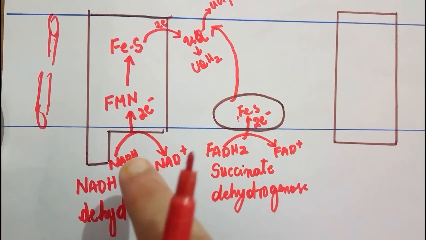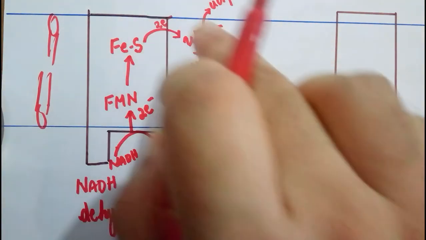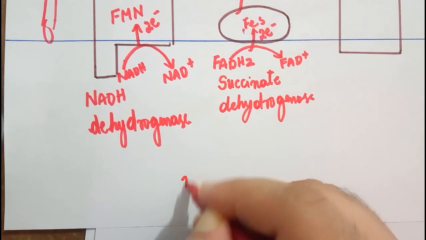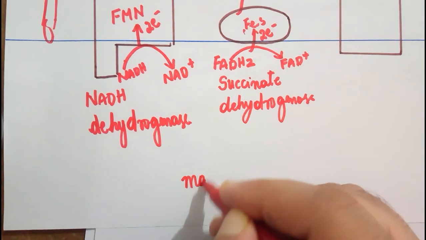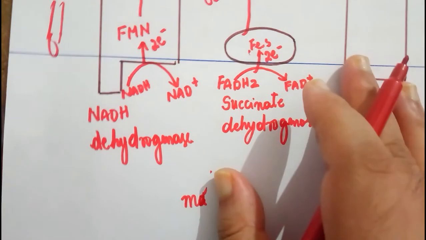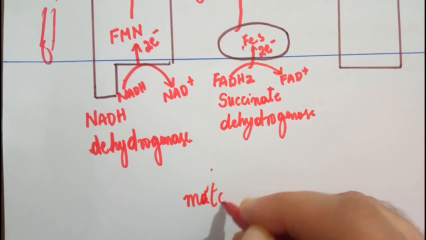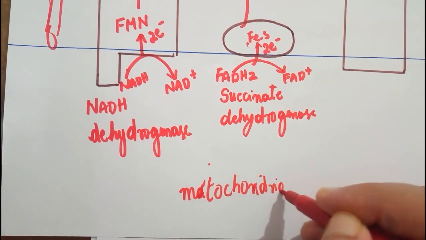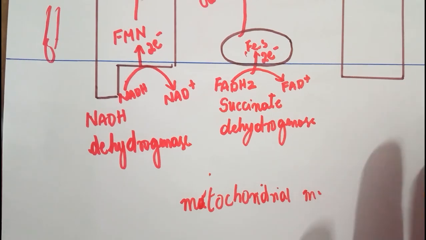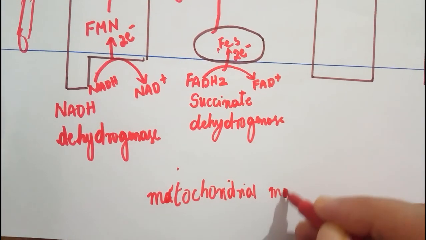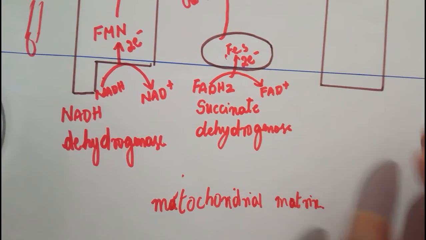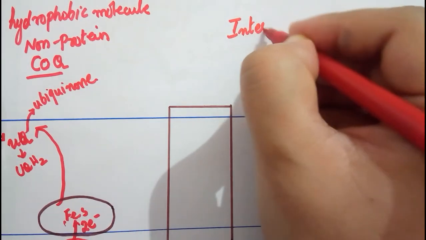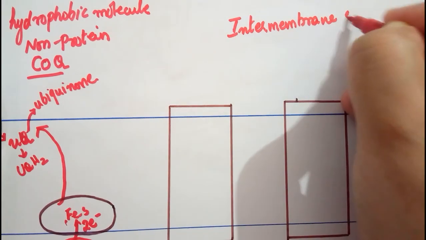Now what is important here? When two electrons are passing from complex 1 to ubiquinone, let me take this side of the membrane as the mitochondrial matrix, and this portion as the intermembrane space.